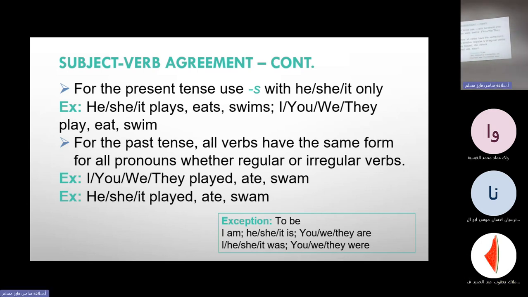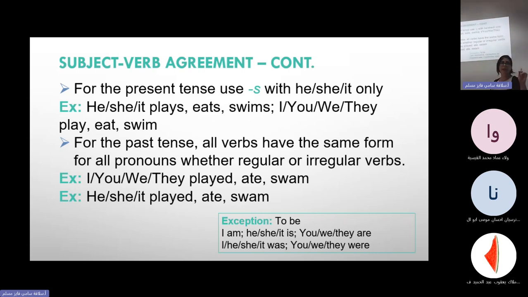Yes, and this is in the past, regardless of the pronoun. He, she, it played, ate, and swam. Same verb in the past. Okay, it doesn't change regardless of which pronouns are used, whether singular or plural pronouns.